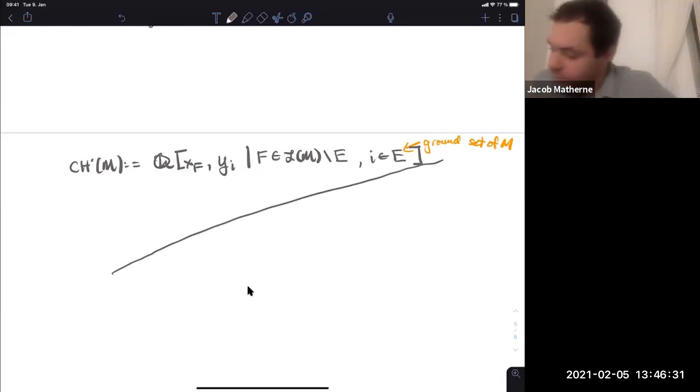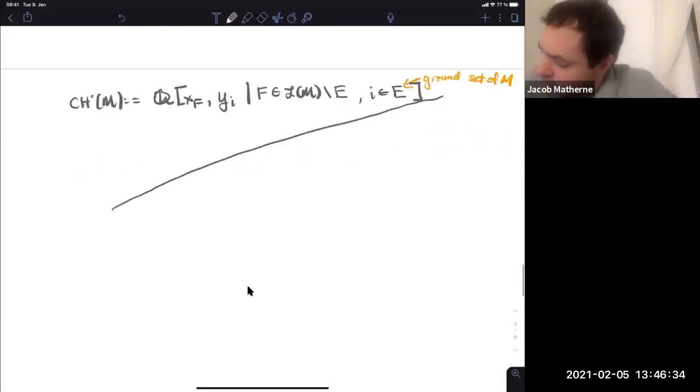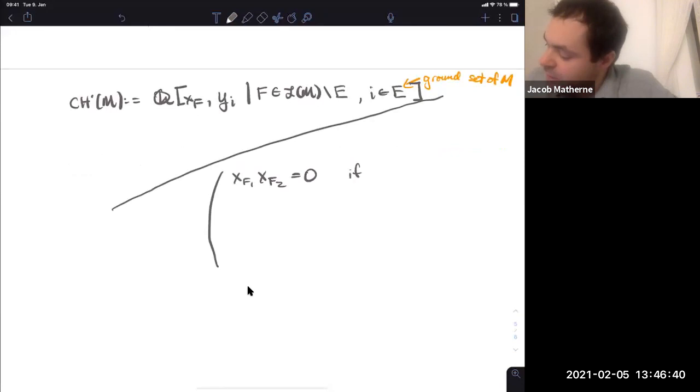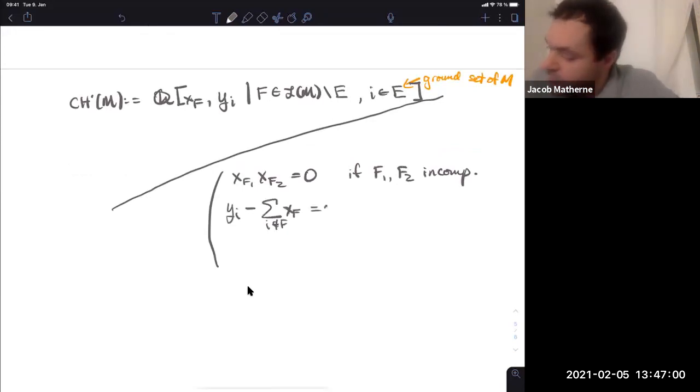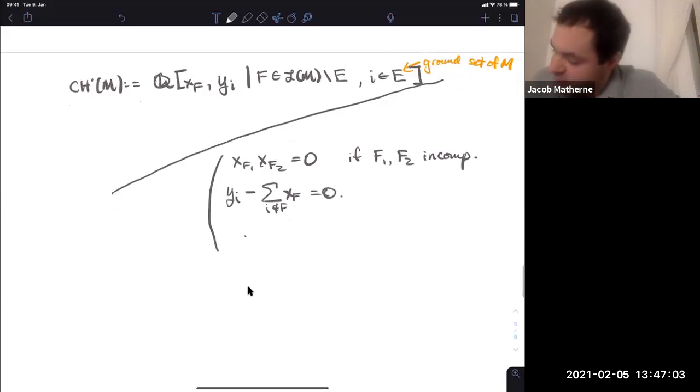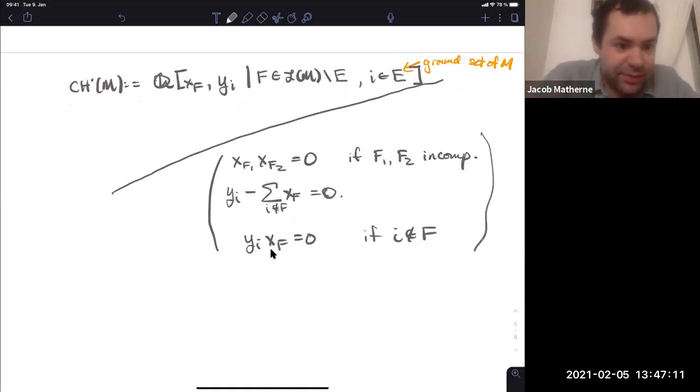Okay, and we have the following relations. If I multiply two of the X guys, I get 0 if the labels of them are incomparable inside the poset. Each of these y's is defined to be the sum of all the x's where their label doesn't contain I. And I have this last relation that y_i times x_F is 0 if I is not in the flat F. So this is called the augmented Chow ring of a matroid.